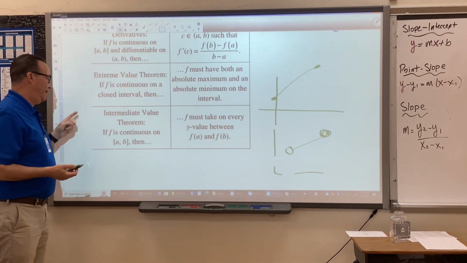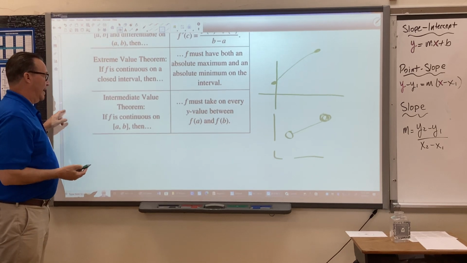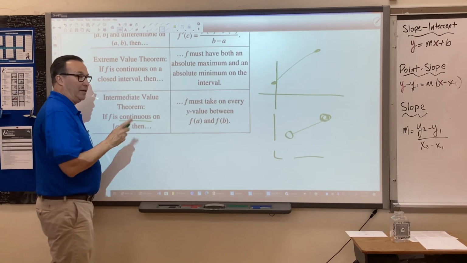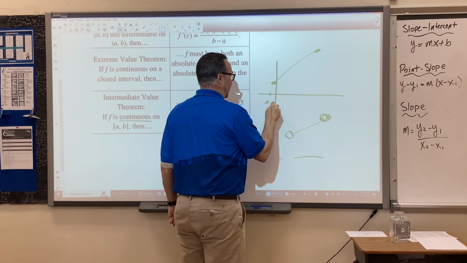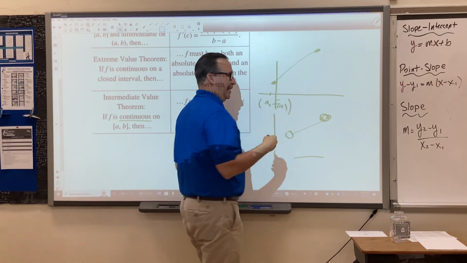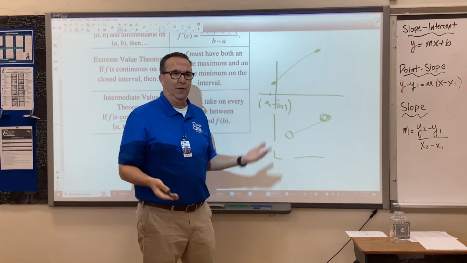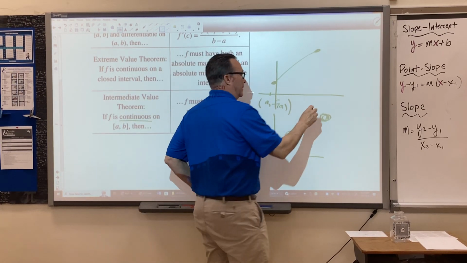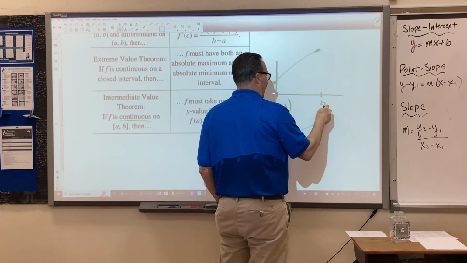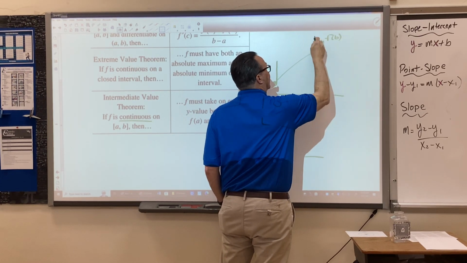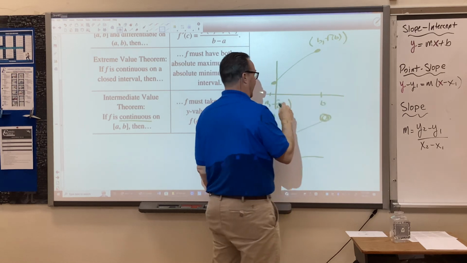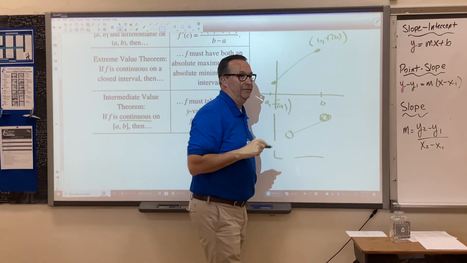interval. Intermediate value theorem says you have a continuous function, and that's all you need. And the y value for A is f of A, which is less than the y value for B, or greater, whichever it is. Here's B, the y value here is f of B. Okay? These are y values, like 2 and 12.